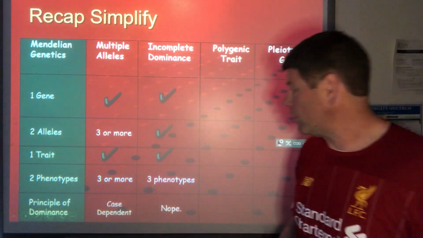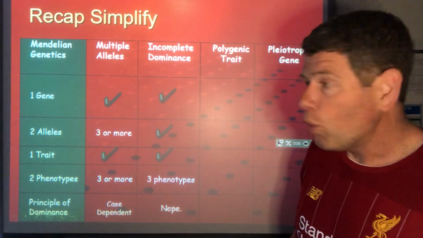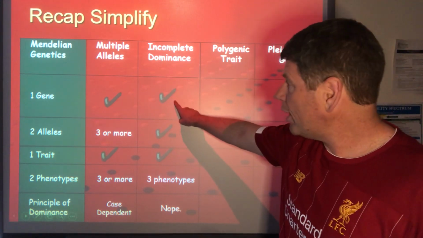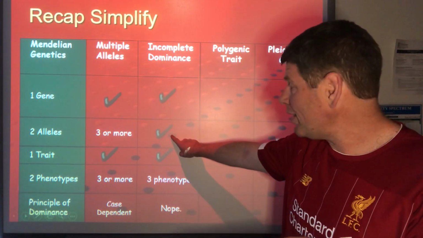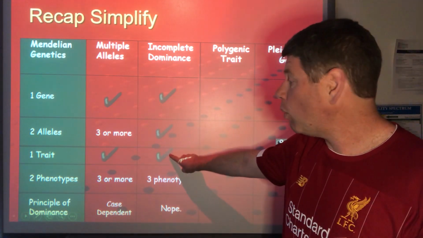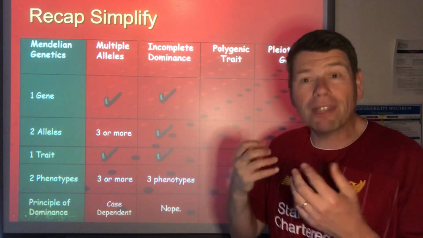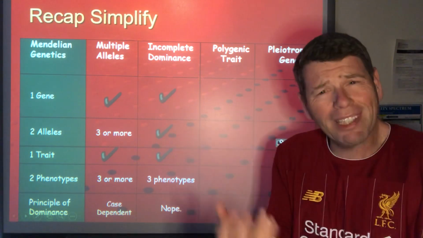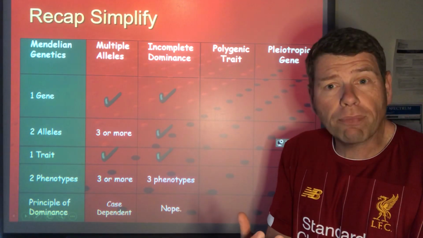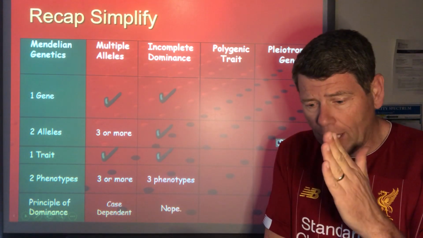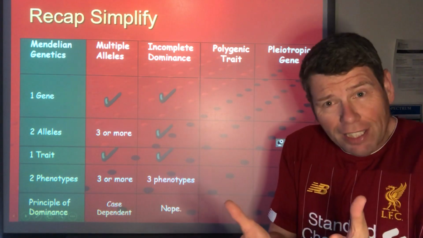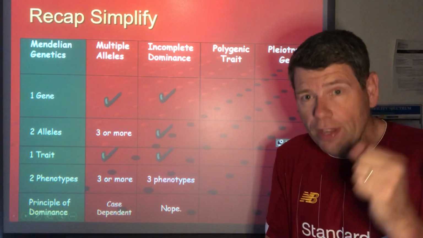Okay, incomplete dominance. So remember, with incomplete dominance, we're still looking at one gene, we only have two alleles, we're still only talking about one trait. But this time, because there's no complete dominance, we can get that sort of blending situation, like with the snapdragons. We can get that pink showing up from white and red, so that's three phenotypes.